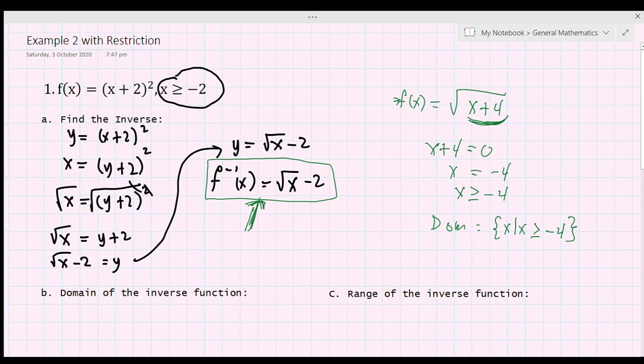So that is the importance of finding the domain of this function under radical numbers. So we have that one.